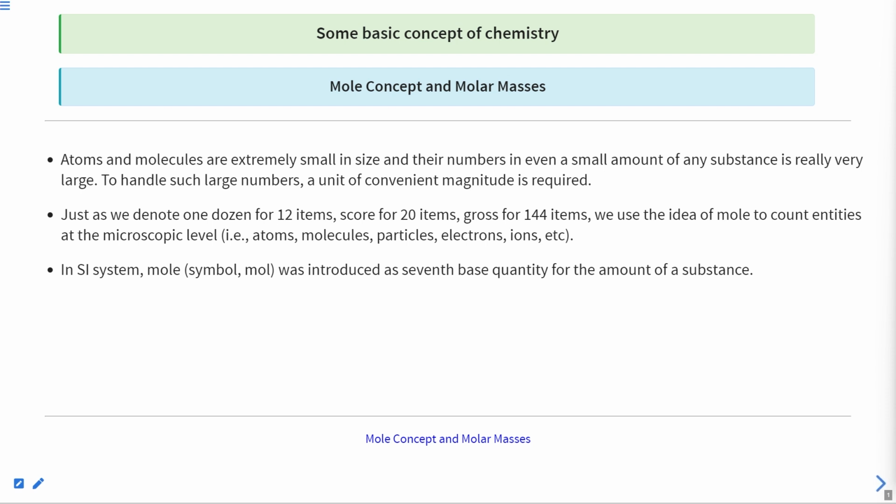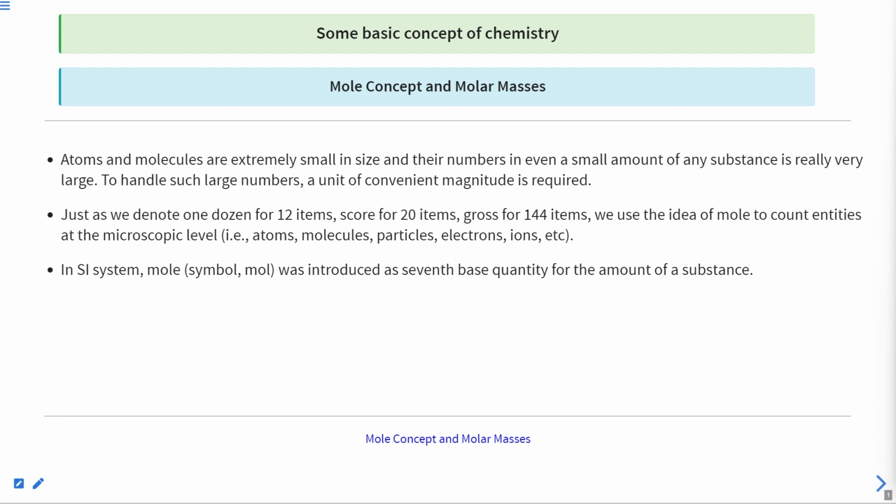Now, the mole is not an abrupt thing taken from some random number. It is defined on some basis, and that basis is the C12 carbon atom. It was said that 1/12 of the mass of a carbon 12 atom.